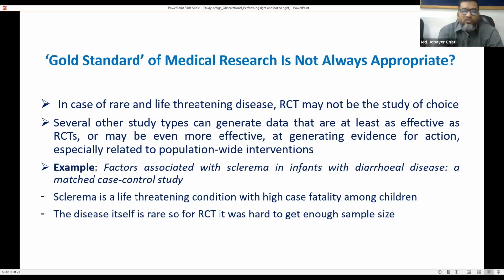I think most of you know that sclerema is a very life-threatening condition. It was previously known as sclerema neonatorum, and nowadays it is known as sclerema, which used to occur in newborn infants. Nowadays it can also occur in severely malnourished children who come with severe septic conditions.